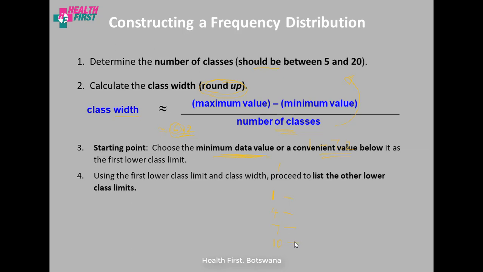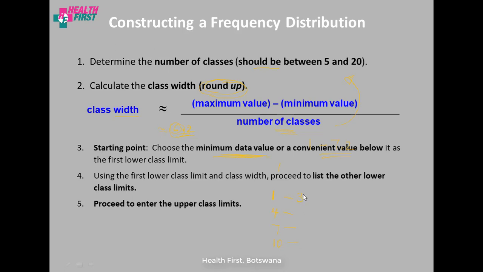And then you would proceed to list the upper class limits by following more or less the same procedure. So if the first lower class is 1 and the second lower class is 4, it means that the upper class limit of the first class is 3, right? And then since our width is 3, we keep on adding 3 to determine the subsequent upper class limits.